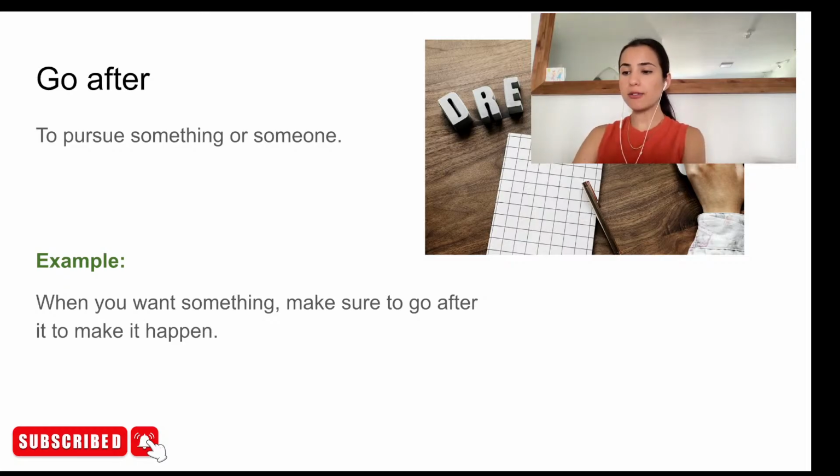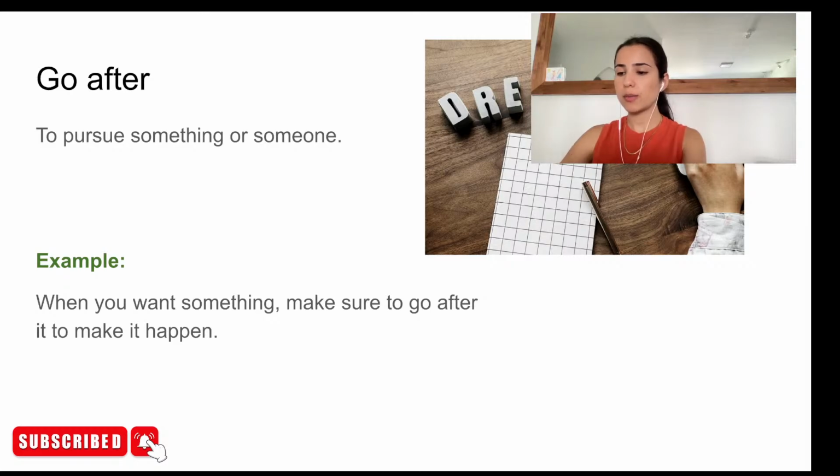Okay, now for go after, Angel, I can see here you've written an example. I am going after to become an astronomer. So this is good, but it doesn't make complete sense. I think you got the idea of it, but a better example is I am going after my dream, or I am going after my future job, and I am going to become an astronomer.